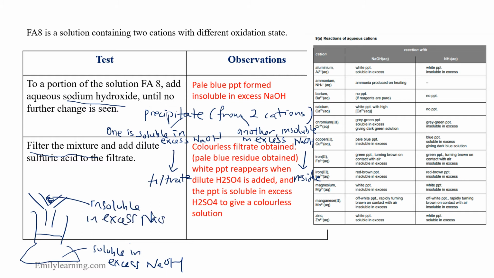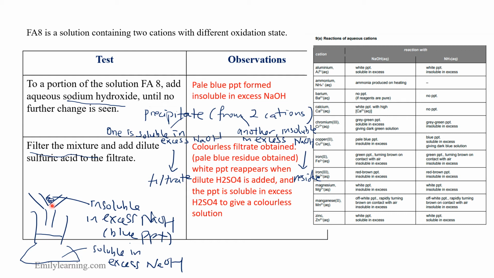Based on this observation, we know that the one that is insoluble in excess NaOH is the blue PPT. So let's go back to the QA qualitative analysis notes for cations. You notice which one gives a blue PPT that is insoluble in excess NaOH. Well, that is copper ions. So we know that this precipitate is formed due to Cu2+.